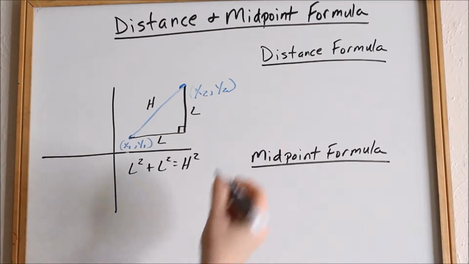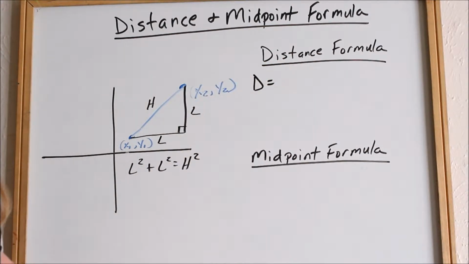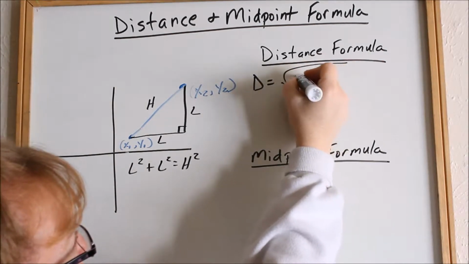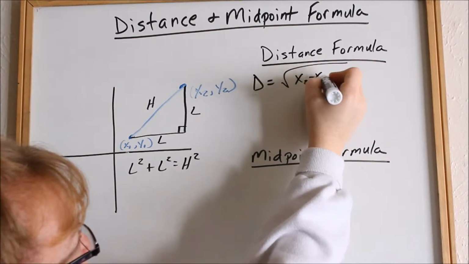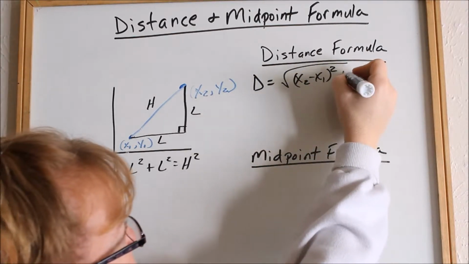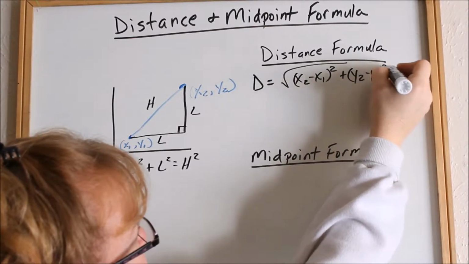So the distance formula is d equals, where d represents the distance between the 2 points, the square root of the difference of my x-coordinates squared plus the difference of my y-coordinates squared.